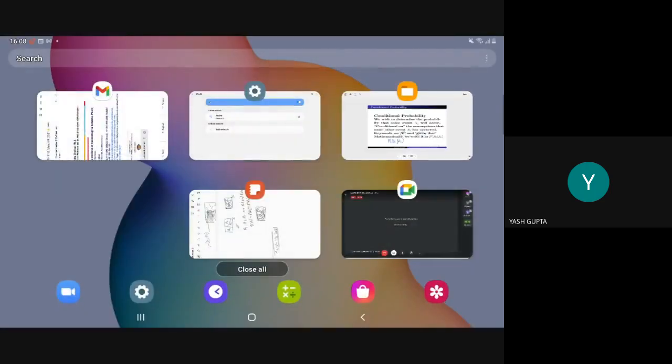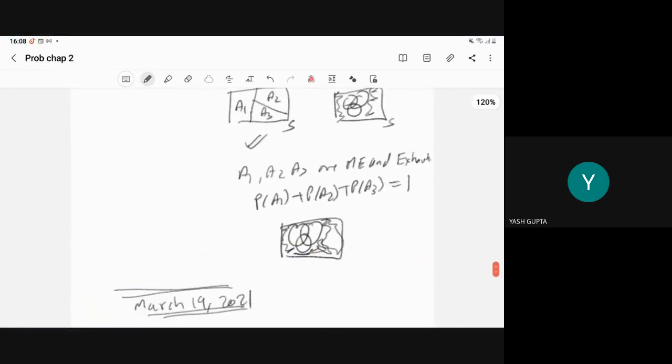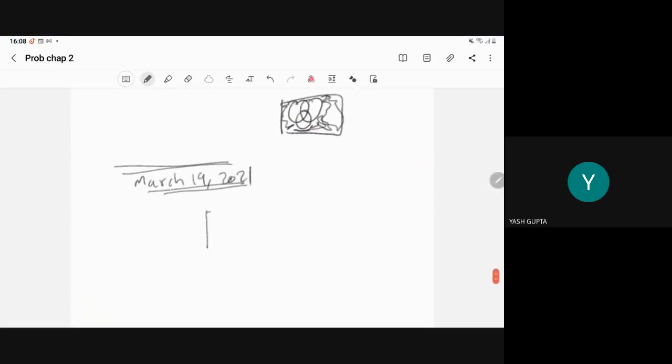If you want to understand this pictorially, here we have a sample space S. I am saying that event A has already occurred. Now what is the probability of occurrence of event B? When we say event A has already occurred, we have to compute the probability of this portion. This portion denotes the occurrence of B given A has occurred.